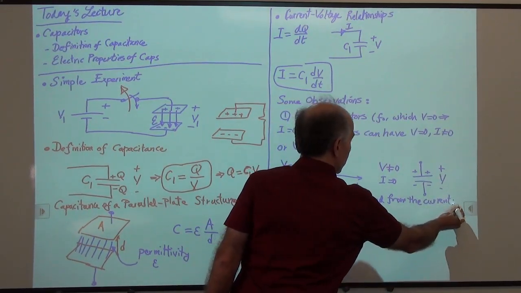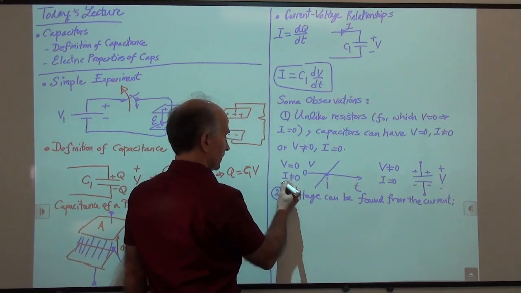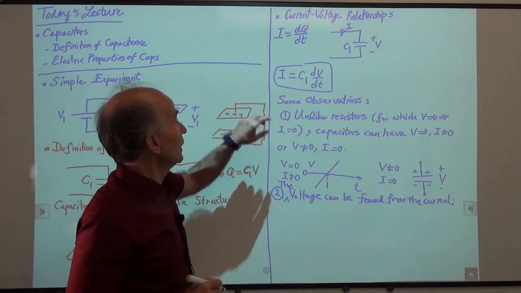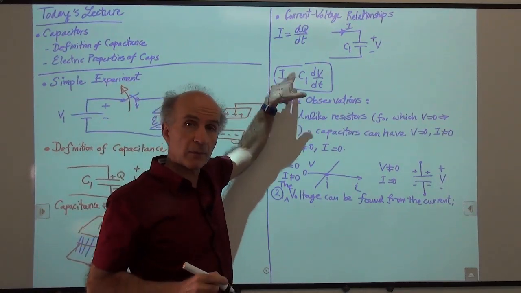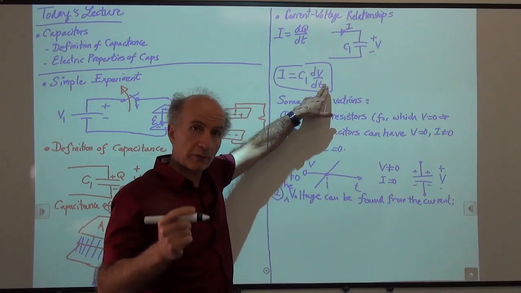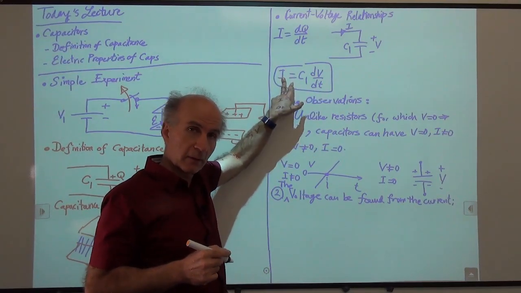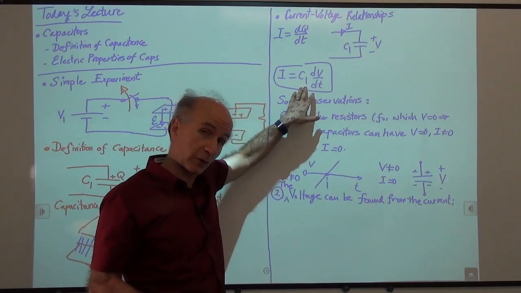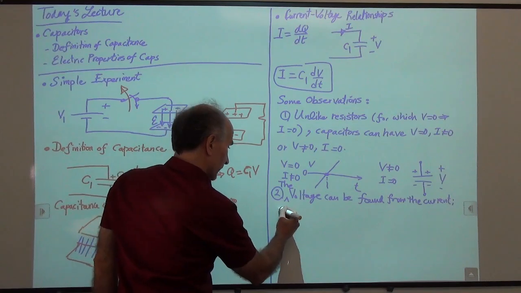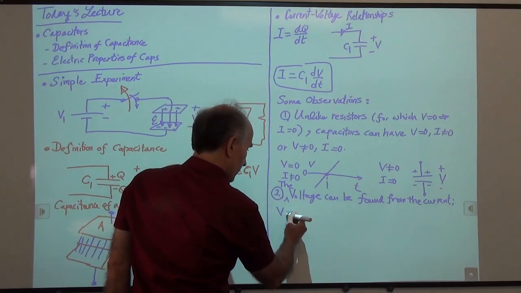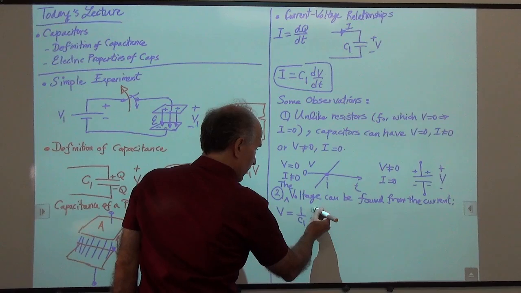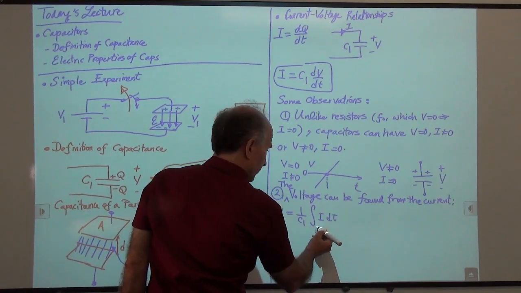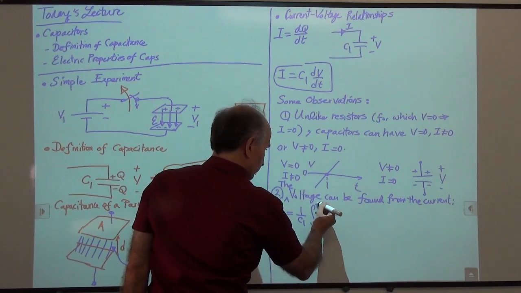So I guess I'll just put the here to make it grammatically more correct. So here I have expressed the current in terms of the voltage. What if I want to find the voltage in terms of the current? Well, I just have to divide by C1 and take the integral of both sides with respect to time. So I will write V, the voltage on a capacitor, is equal to 1 over C1 integral of I dt from some time to some time, so maybe from 0 to t.